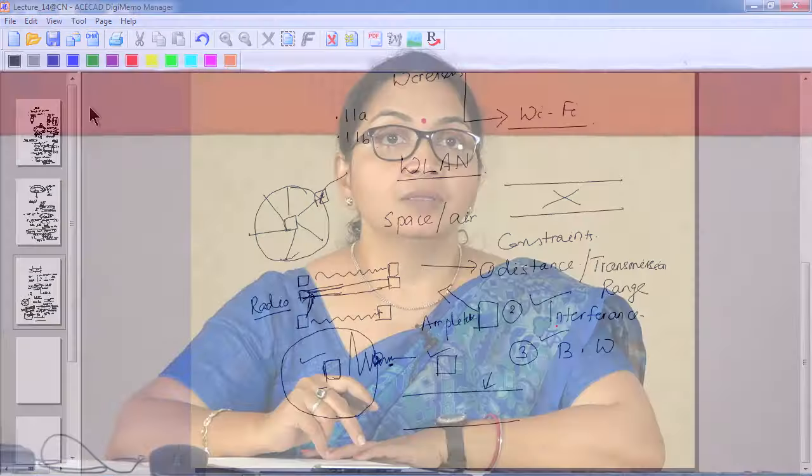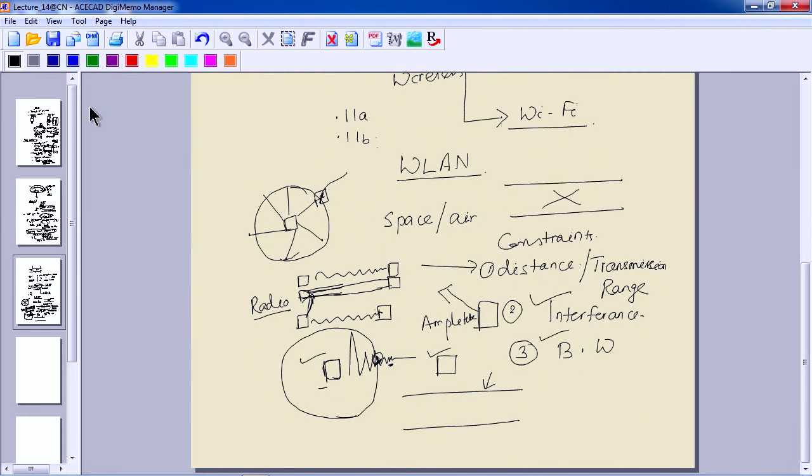The reason is that the available bandwidth has to be divided into a number of spectrums, and a node coming under one category of network can have only a spectrum for its transmission, which is very, very less.